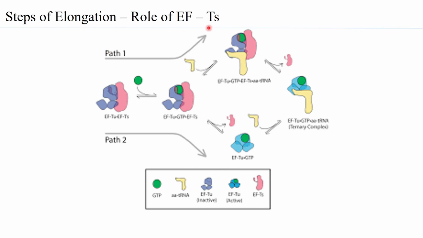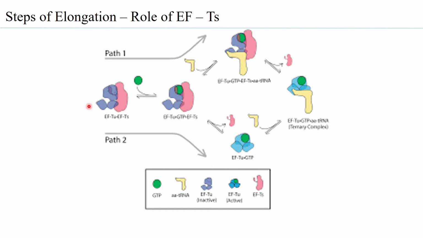Now, what is the role of the next elongation factor, that is EFTS? So EFTS is notable in restoring the EF2 with a GTP again. So primarily, you know that when EF2 is released from the ribosome, it goes out as EF2 GDP.